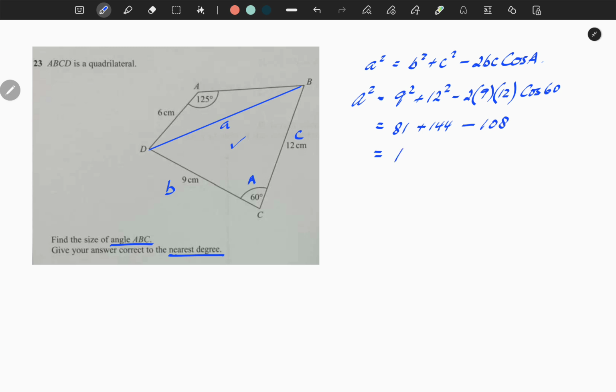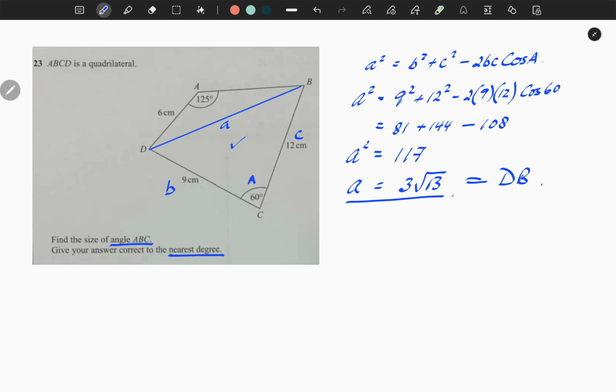You get 117 for a squared, and a therefore turns out to be 3 root 13. I'm writing it in surd form because I don't want to write out lots and lots of figures just yet, so we'll store that for a moment. Now that we know what DB is, we can use the sine rule to find various bits along here.